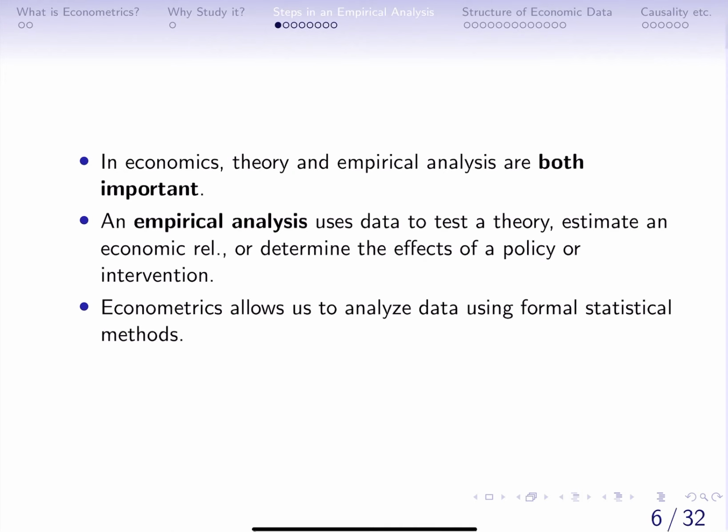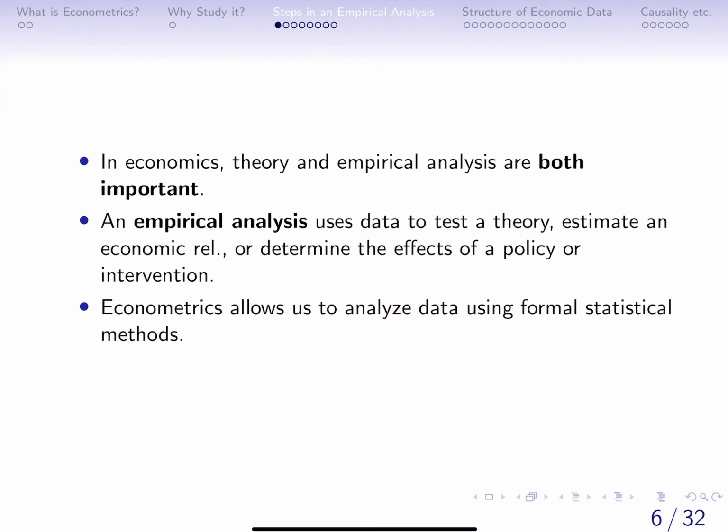Okay, so I want to emphasize here that just knowing the econometric tools isn't enough, because a lot of the model building is based on the economic theory or the conceptualization that you learn there.